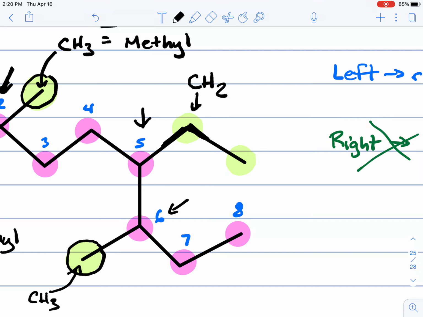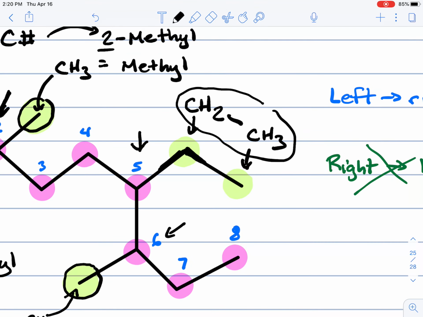So that's CH2. And then once again here at this endpoint, since it's an endpoint, it's going to be a CH3. And so you have CH2 bonded to CH3. If you guys have this specific structure, that's an ethyl. Right, so 2 carbons. Remember, eth is 2 carbons. And so since it's on carbon 5, we're going to say 5-ethyl.